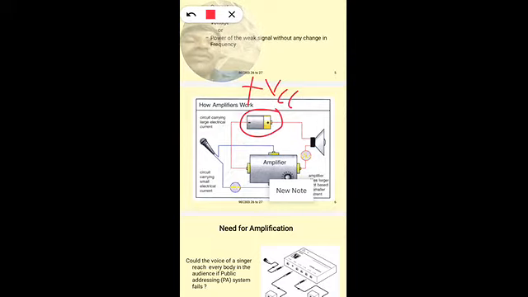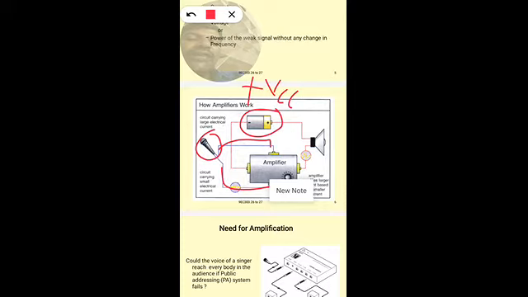Here we are going to give an input signal, a small electrical signal coming from the loudspeaker, given as input to the amplifier. The positive and the negative are connected as input to the amplifier.